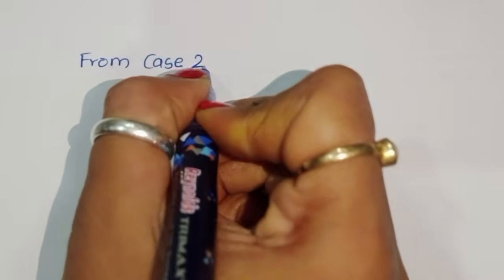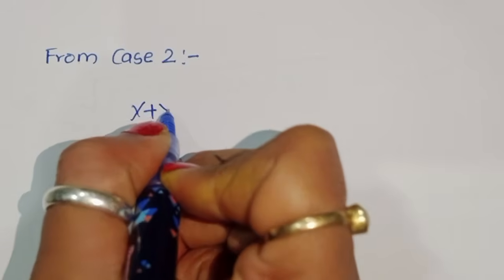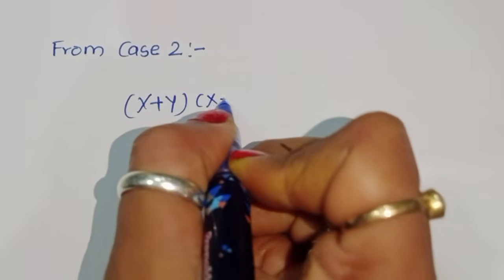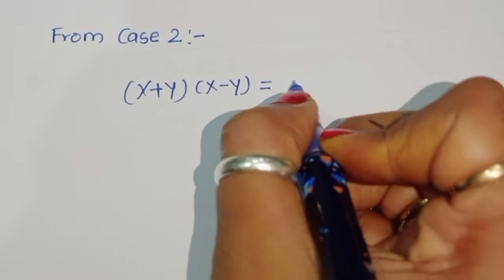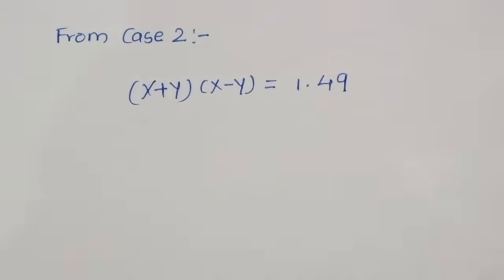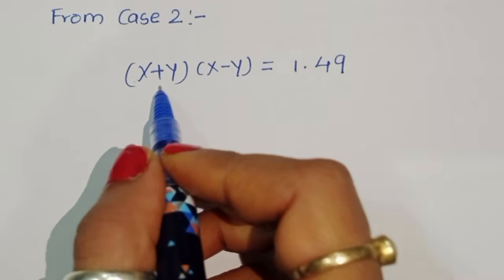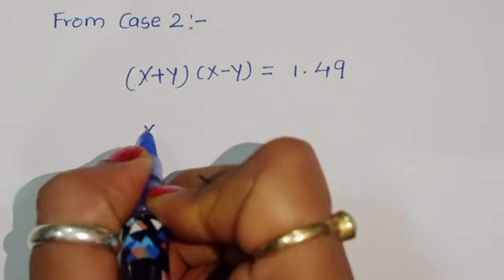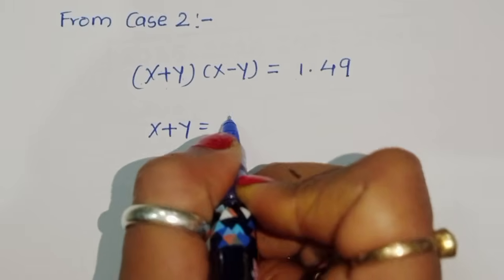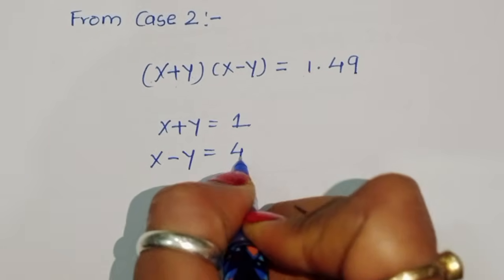Now from case 2, we can say here x plus y times x minus y is equal to 1 times 49. From here again we will get two equations. The first one is x plus y is equal to 1 and the next one is x minus y is equal to 49.